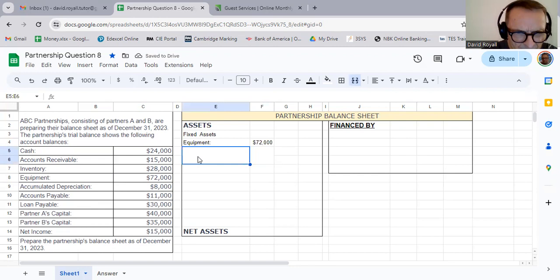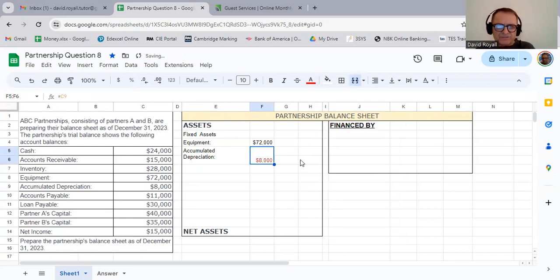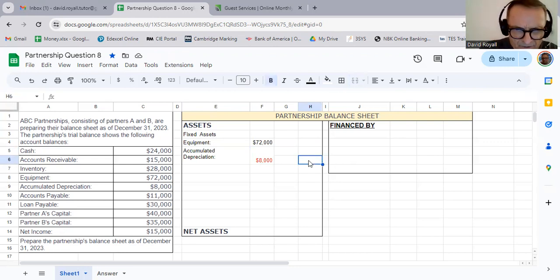Now then, we have got to take off the accumulated depreciation, because what we're looking for is the value of the assets net of depreciation. So that figure is over here. I'm going to put it in red. More conventional sheets may put them in brackets rather than red.